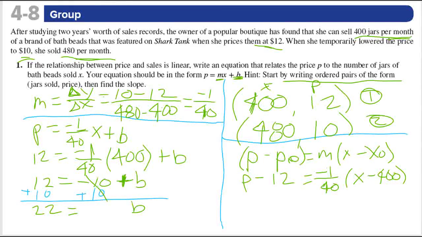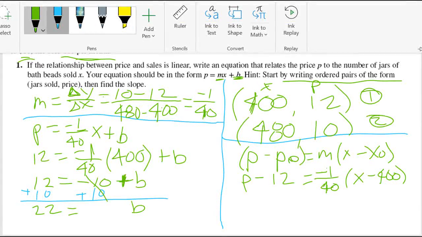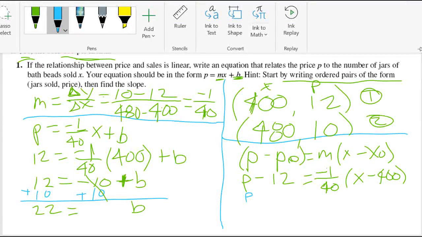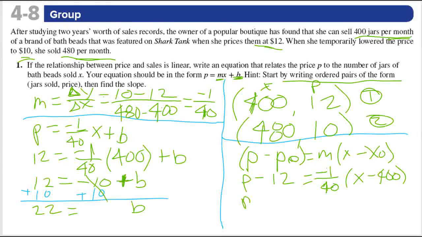If I come back over here, I'm going to finish out the point slope form, because with the point slope form, I have an equation, but I need to get it in the p equals mx plus b form.